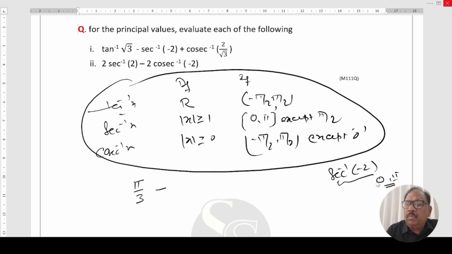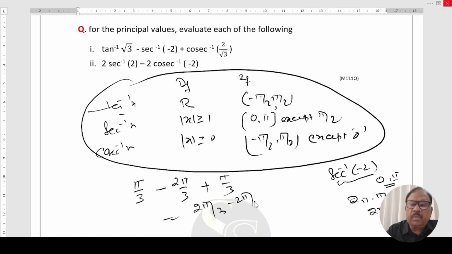It means it will come out in the second quadrant, pi minus pi by 3, that is 2 pi by 3. Plus, this also belongs to this domain, 2 pi by 3, root 3, that is pi by 3. On simplification, pi by 3 plus 2 pi by 3 minus 2 pi by 3, answer comes out to 0. Answer of this is 0.